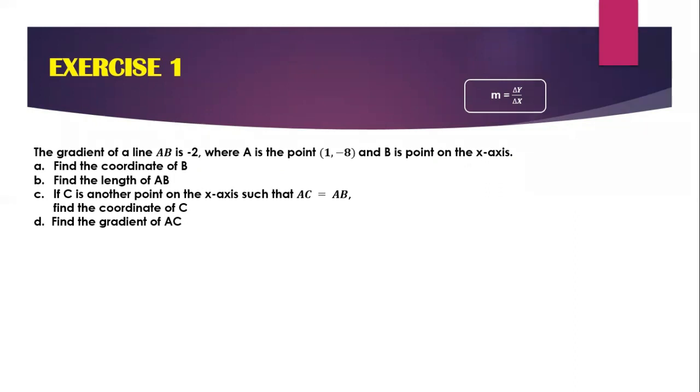Find the coordinate of B. Find the length of AB. If C is another point on the x-axis such that AC equals AB, find the coordinate of C. And the last question is, find the gradient of AC.